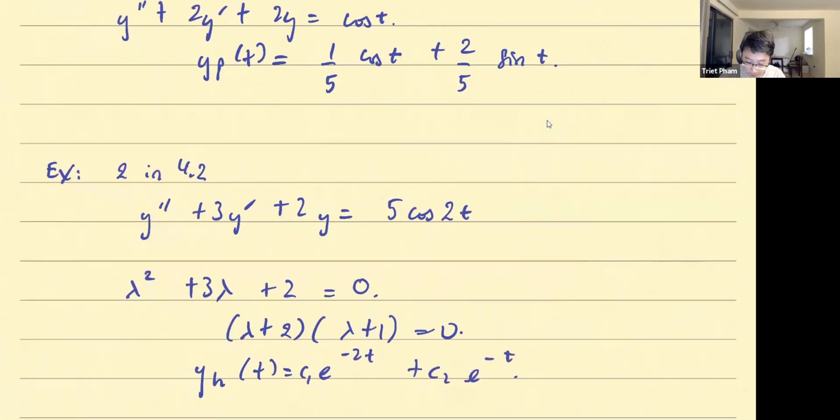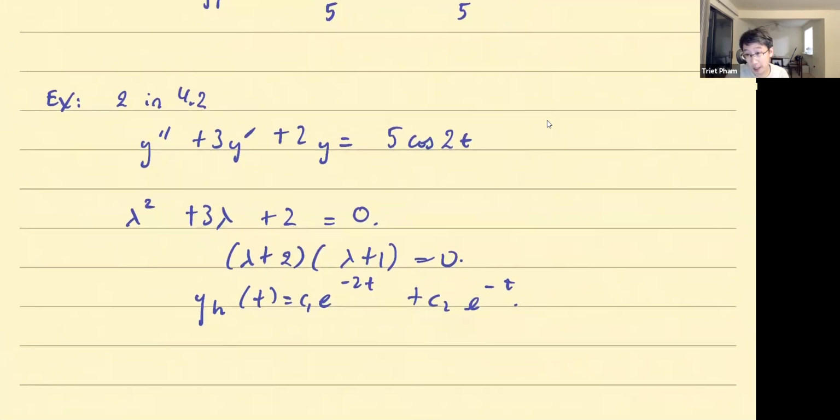All right. So what does complexification tell you? It tells you that you want to do 5 e to the 2it.